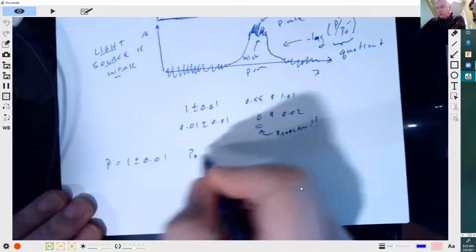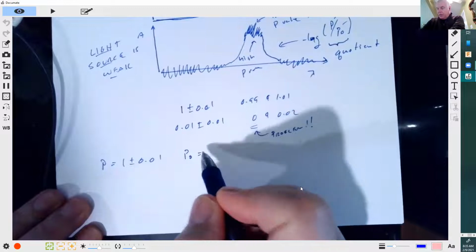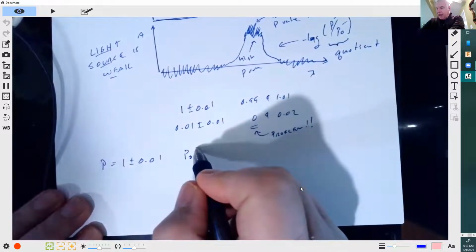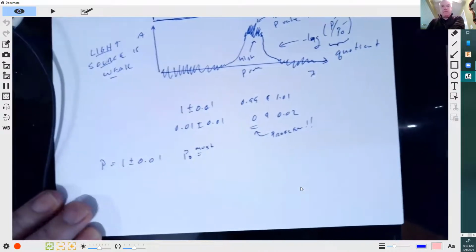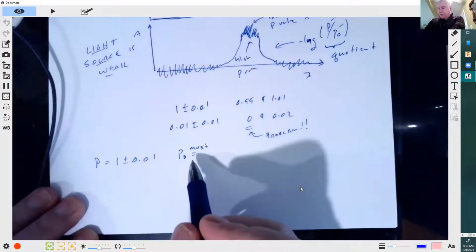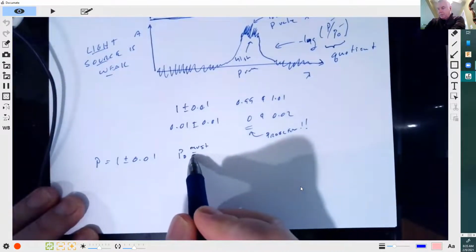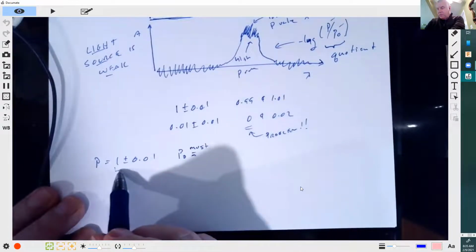Then P0 must be within what range to work with this P value?